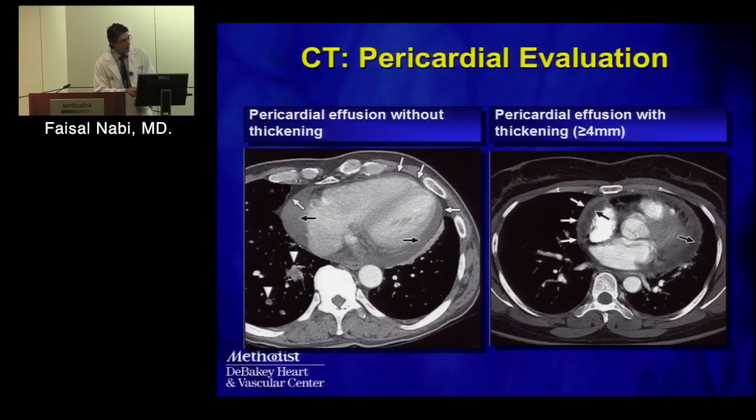That's pericardial thickening, and then you'll see the pericardial effusion underneath it. So this would be a study that may be consistent with effusive constrictive pericarditis, where you have both a thickening process of the pericardium and an associated effusion. With both CT and MRI, an abnormal pericardium is a pericardium that's 4 millimeters or thicker.